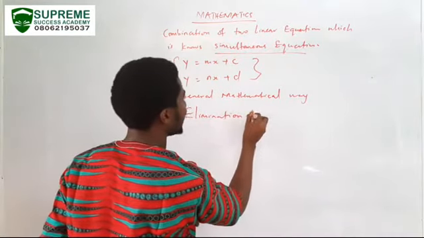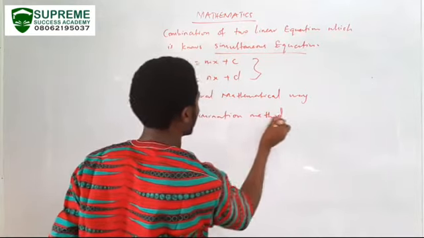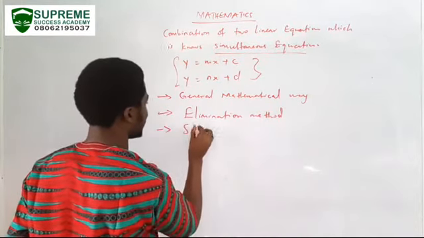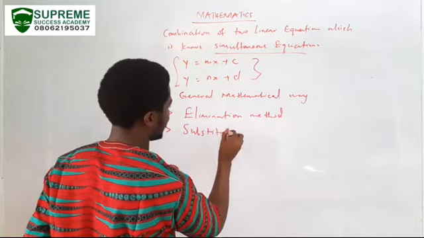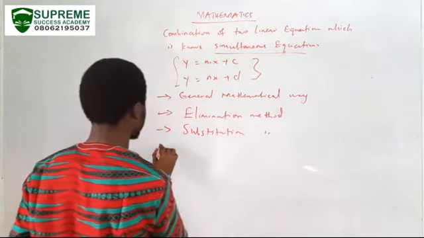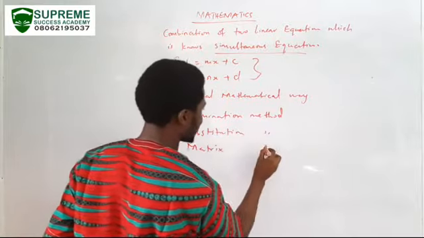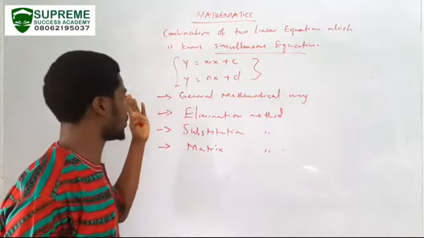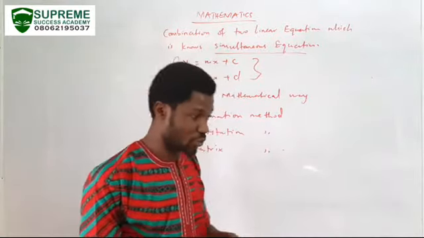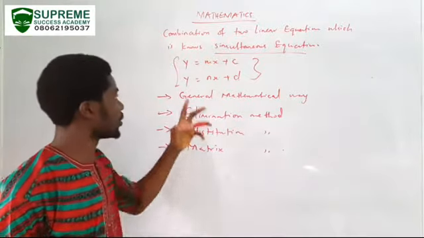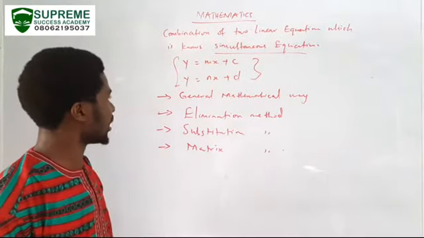Also, we have the substitution method. And permit me to say the matrix method to solve simultaneous equations. These are the four concepts which we will look at under this solution.